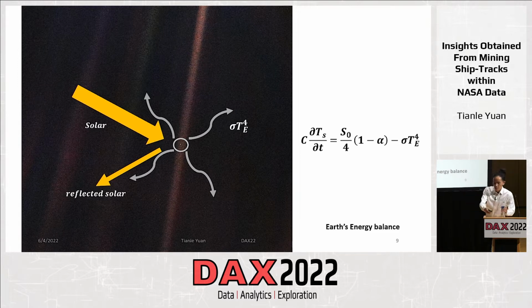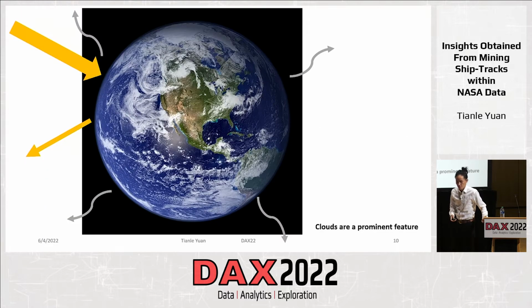The heat released by Earth is determined by the temperature of the Earth, and the amount of sunlight reflected back to space is determined by the brightness of the Earth. When climate changes, some things will change. For example, if you look at the Earth's picture, you see a lot of clouds, and one of the things that's going to change is the clouds.